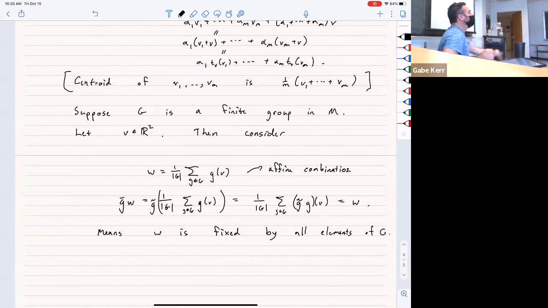But we know we've classified the elements of M. They're either rotations about some point, or the identity, or translations, or glide reflections. Translations don't fix anything, so these are definitely not translations. Glide reflections will not fix it either.